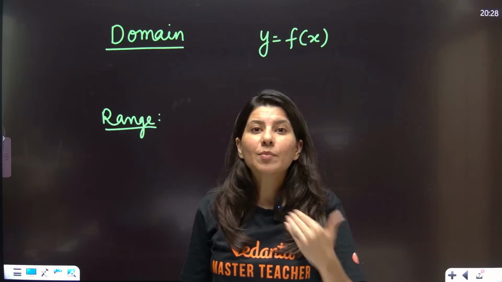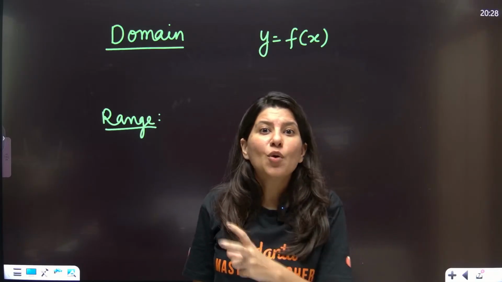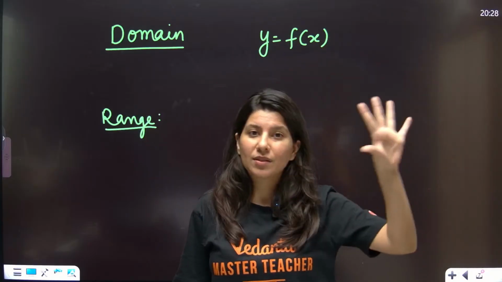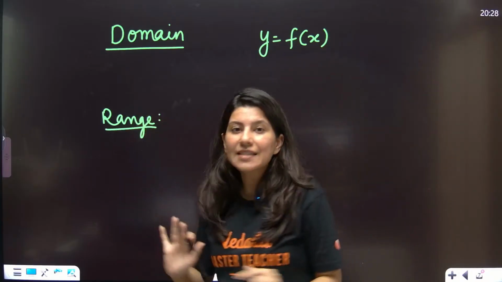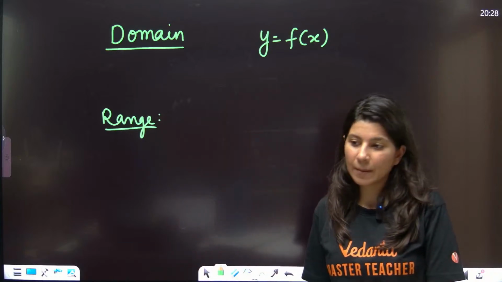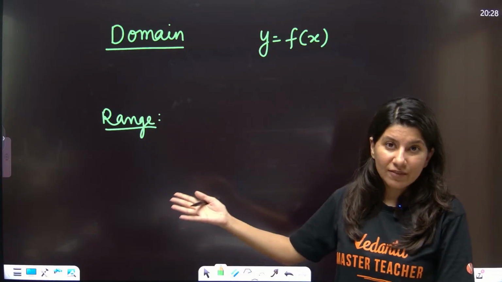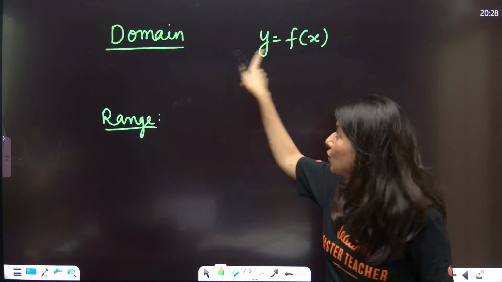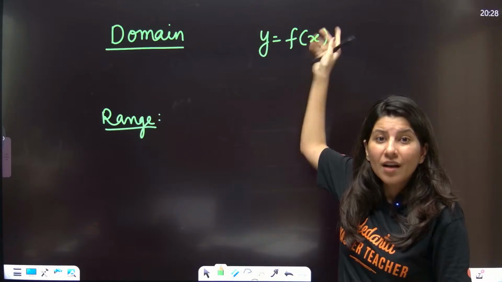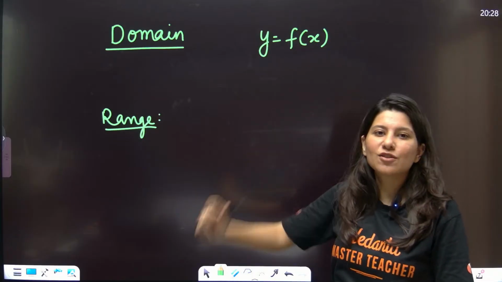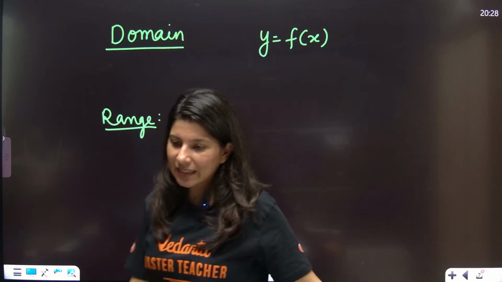What are the possible values of the function at x belonging to the domain? All those values will be considered as range, as simple as possible. So all those values of y which you get after putting the permissible values of x is nothing but the range of a function. Getting it?